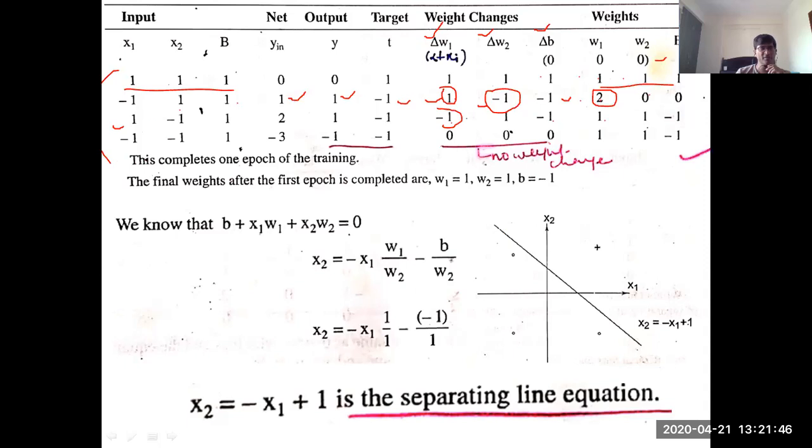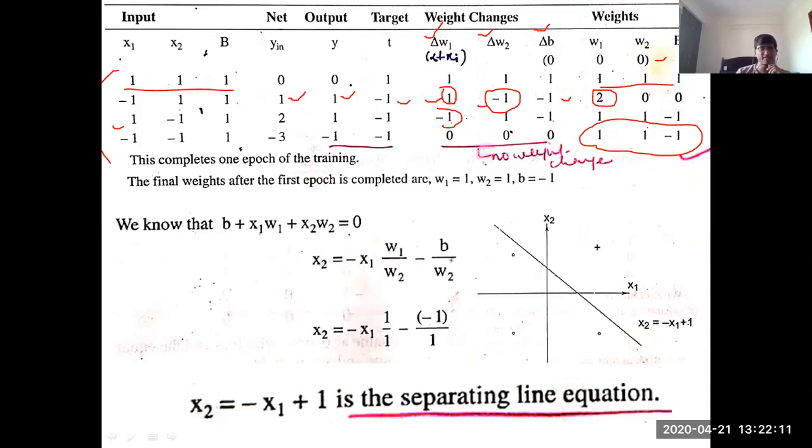After presenting all the possible inputs, the final weights that we achieved were W1 is 1, W2 is 1, and B is -1. When we say that we have presented all the inputs, we often say that we are done with epoch 1, right?